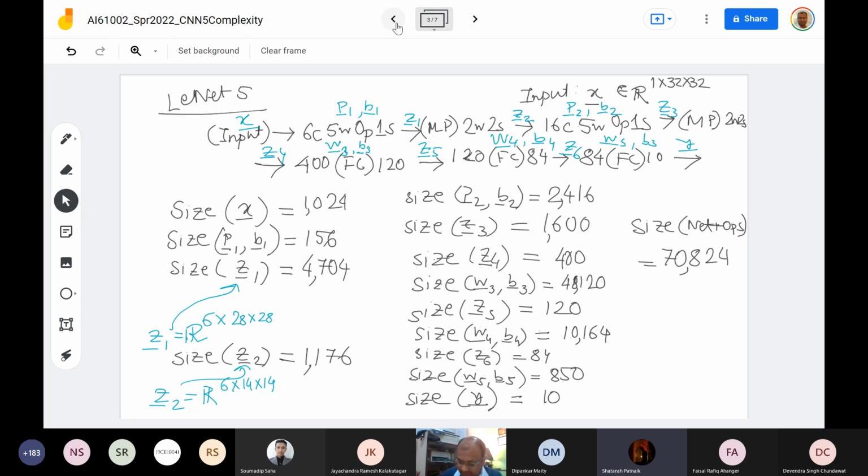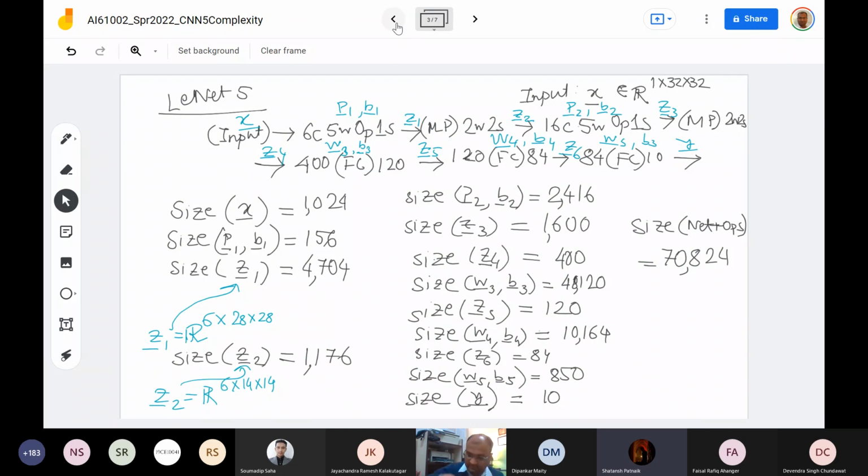Size of W1, B1 is 156, plus W2, B2 is 2416, plus W3, B3 is 48120, plus W4, B4 is 10164, plus W5, B5 is 850.